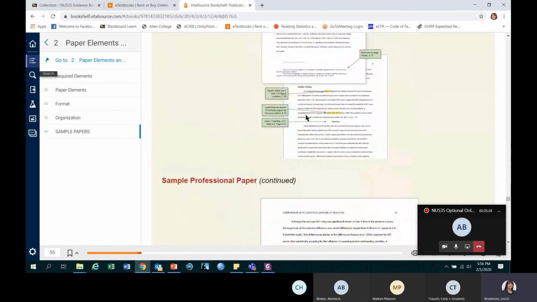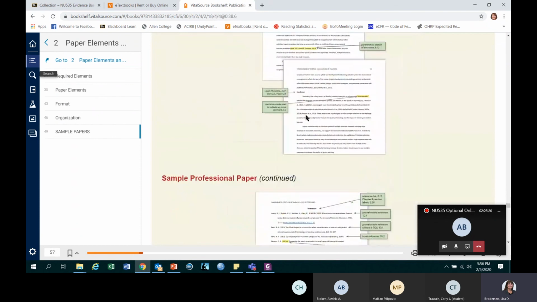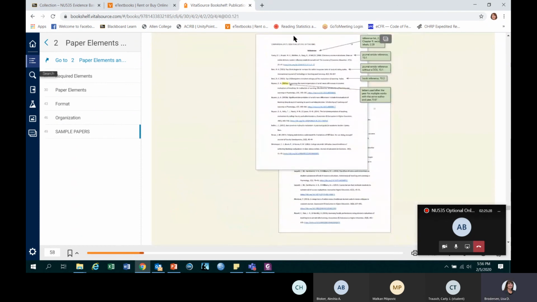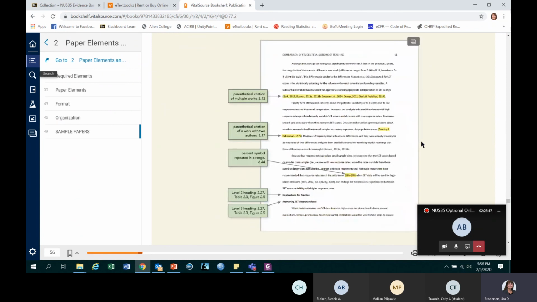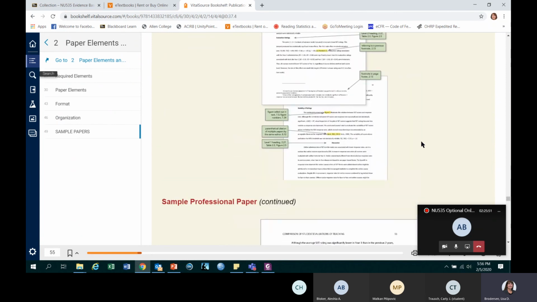I was going to scroll to the reference list to see. Yeah, it looks like the references heading is also bolded, and you have more freedom with the font that you use. So I do think there have been great improvements to the APA manual, which is a good thing. Anyway, I just wanted to show you that. It does look like those parts of the paper are bolded now, whereas they would not have been before.